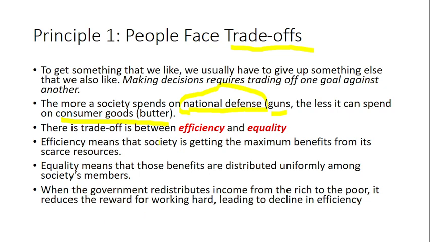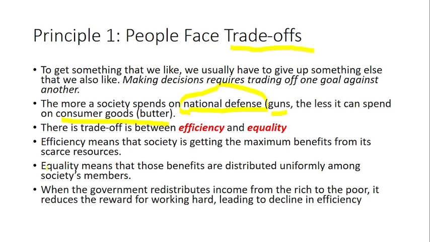Take another trade-off between efficiency and equality. And what is efficiency? Efficiency means that society is getting the maximum benefit from its scarce resources. What does it mean? If you are able to produce the maximum from your resources, then you can say that you are very efficient. A country will become more efficient if it is able to produce more out of the resources that it has.